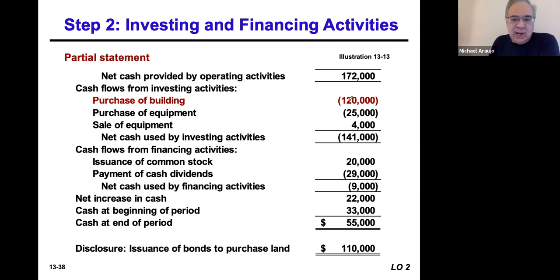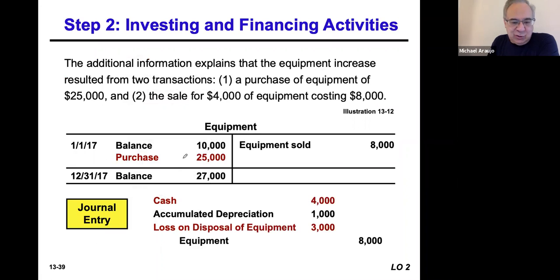Remember what the parentheses are for, showing cash in or out. In is a positive number, out looks like a negative number, but it simply means it's cash being used, cash going out.